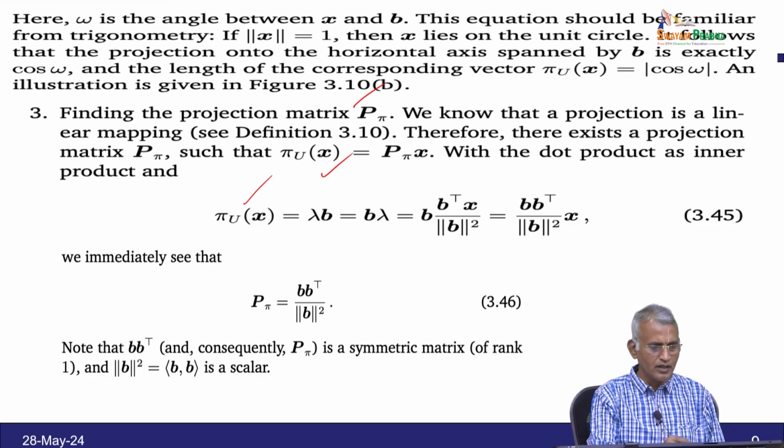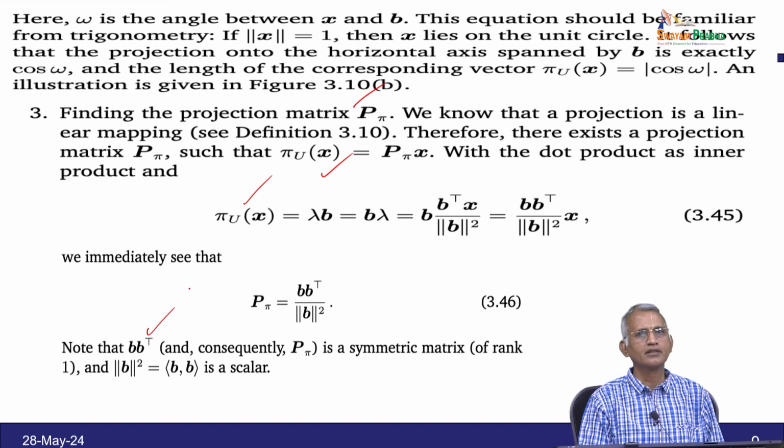So, here b b conjugate is a symmetric matrix and the rank is 1, and norm of b square is nothing but inner product of b comma b, which is a scalar. So, these are all the inferences we can learn from the projection, orthogonal and orthonormal.